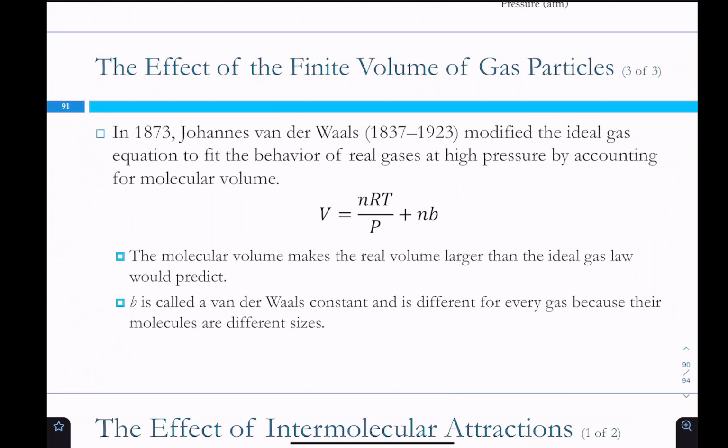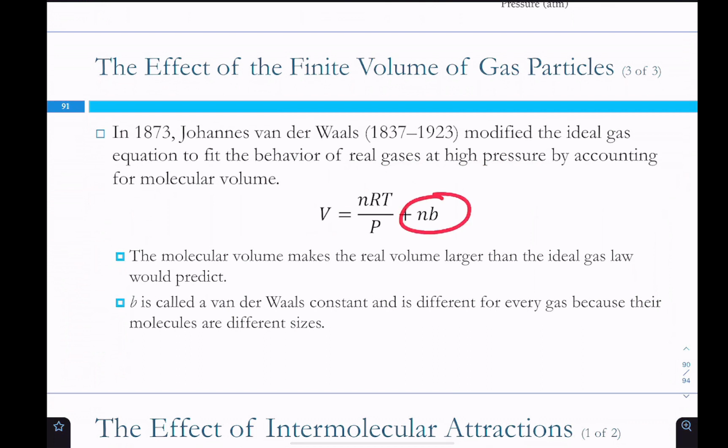So Johannes van der Waals modified the ideal gas equation to fit the behavior of real gases at high pressure by accounting for that molecular volume. So if you can include the molecular volume, then you can more accurately predict what the volume of a non-ideal gas is going to be.